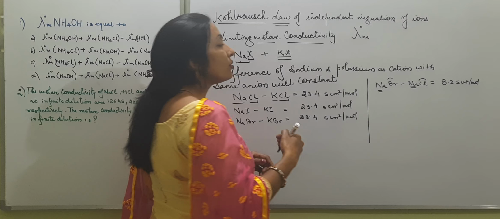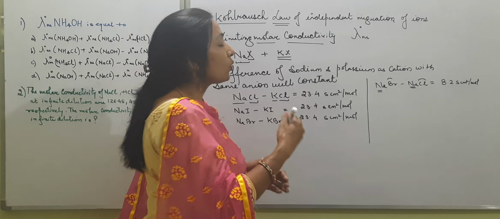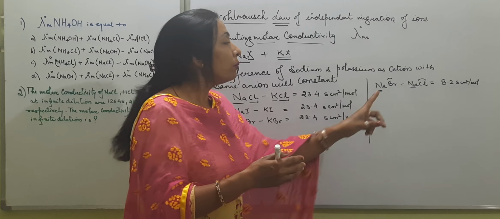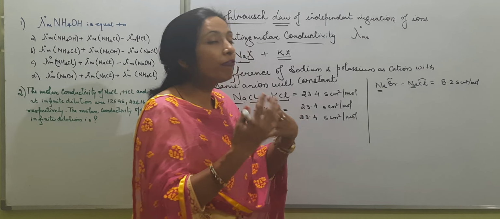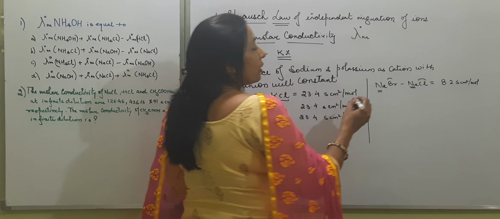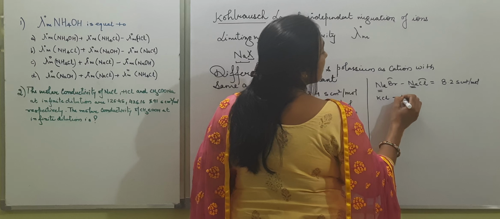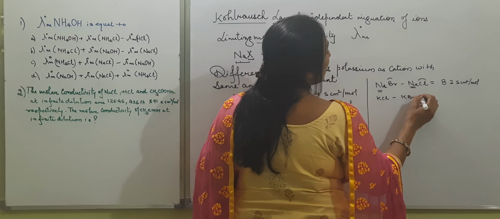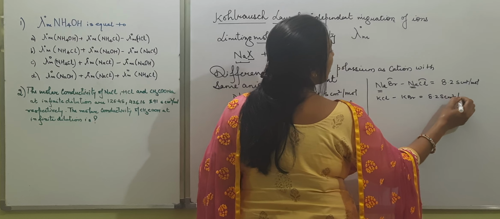Any cation can be there, but when we take the difference of the two with different anions, the cation will cancel. So here we can say KCl minus KBr is 8.2 Siemens centimeter square per mole.